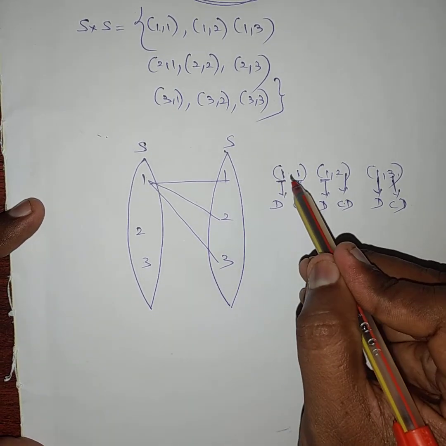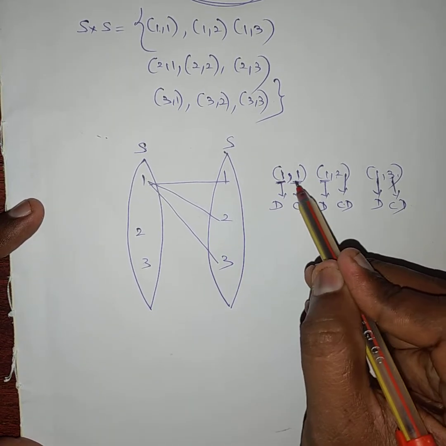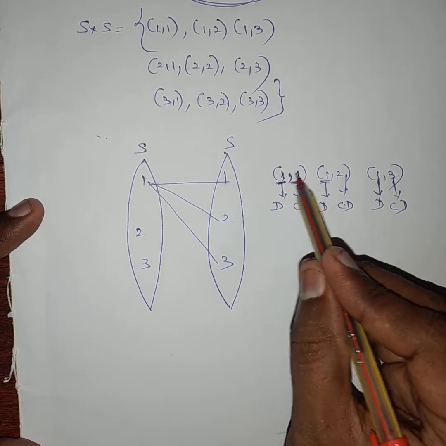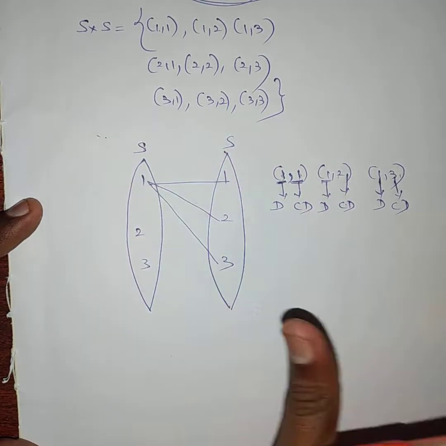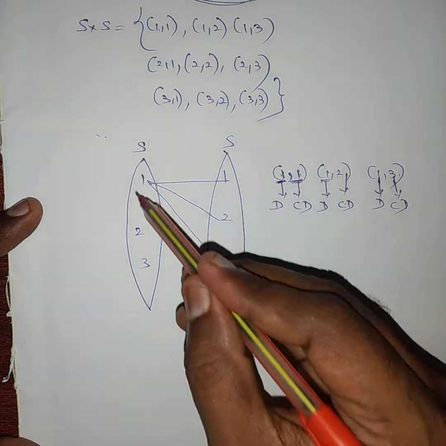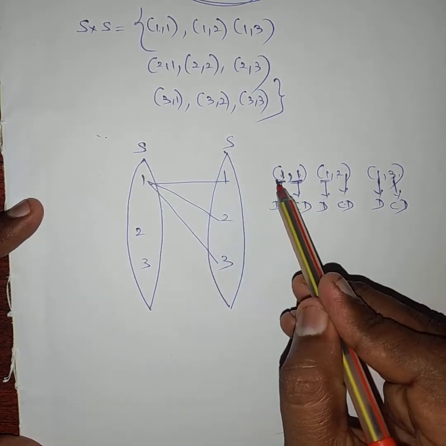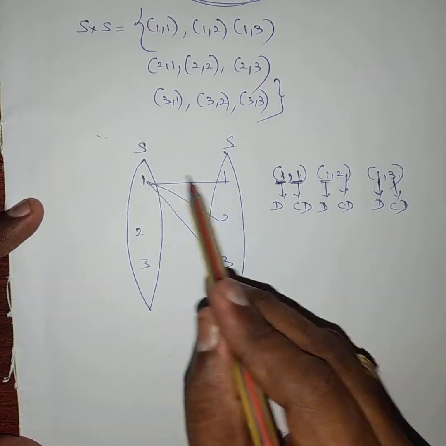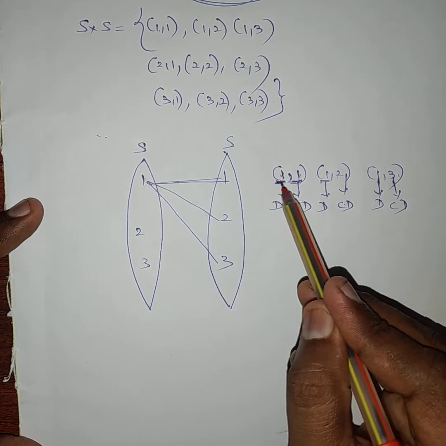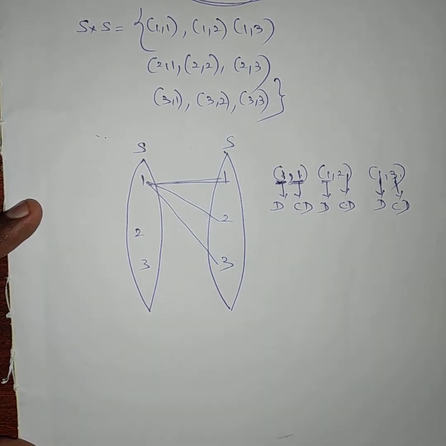Even though it contains (1,1), this is the domain and this is the codomain. This 1 and this 1 are not in the same domain; this is different, this is different.